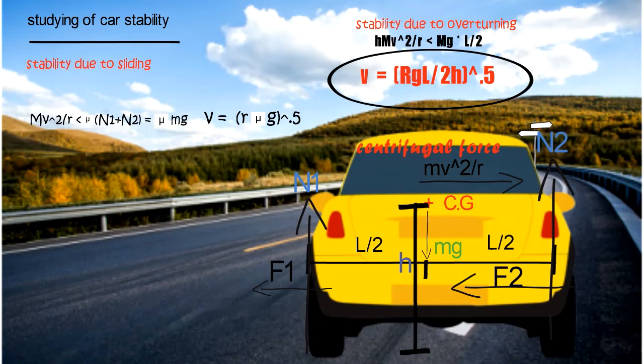If the centrifugal force mv squared divided by r is less than the total friction force, the car will not slide. Then the final allowable velocity due to sliding: v should be equal to or less than the square root of r times mu times g.